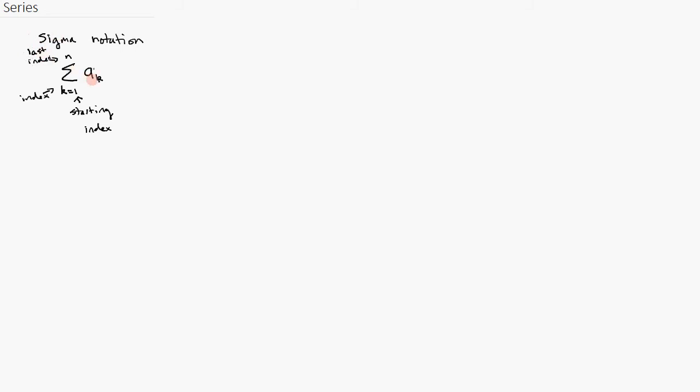What this means is that I add all the terms starting from index equals 1, and I increase each index by 1 until I get to the last index. So for example, here the first index is 1, so you have a sub 1. Then I increase the index by 1, so the next will be a sub 2, a sub 3, and so on, until I get to the last index, which is a sub n.